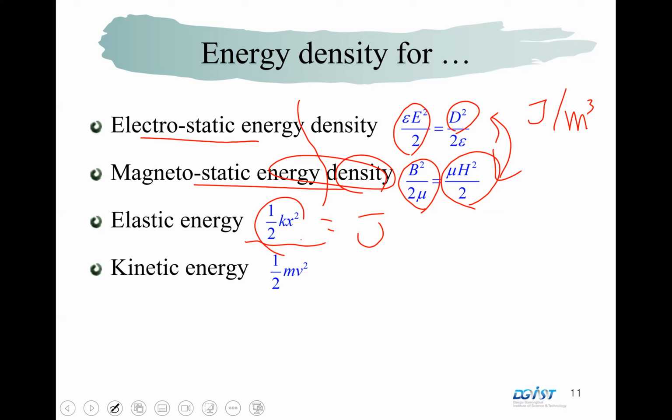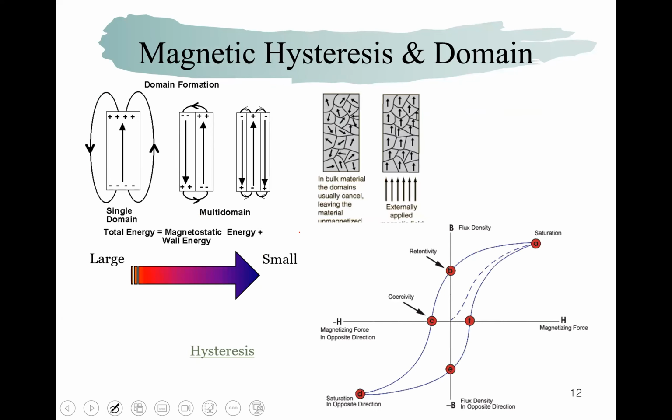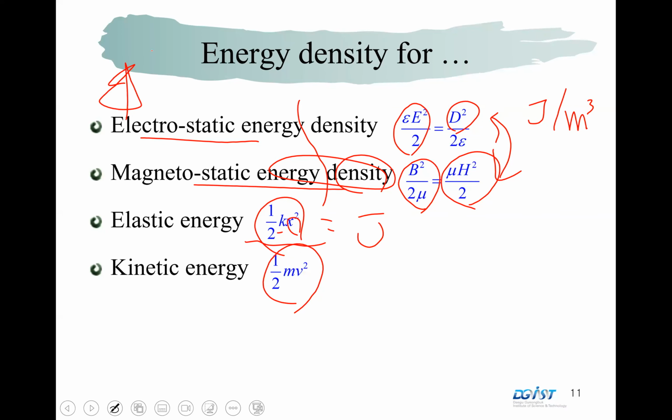But anyway, the mathematical expression is quite similar. You multiply some constant with some square, right? If the mathematical expression is similar, that means there is some common physics. Okay, so please remember this result.